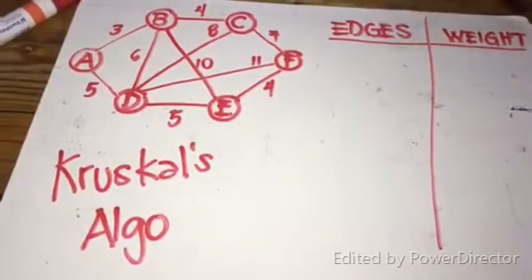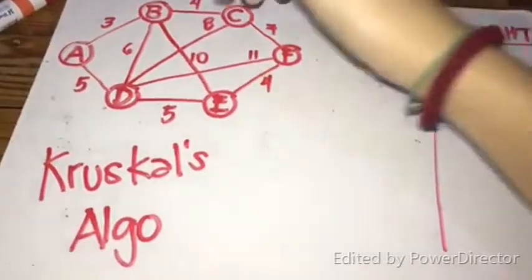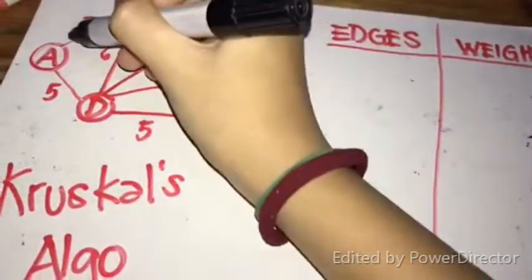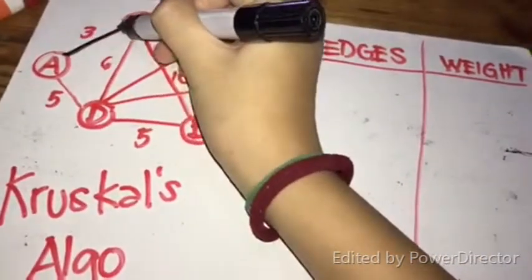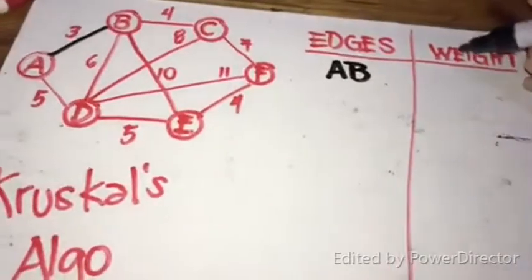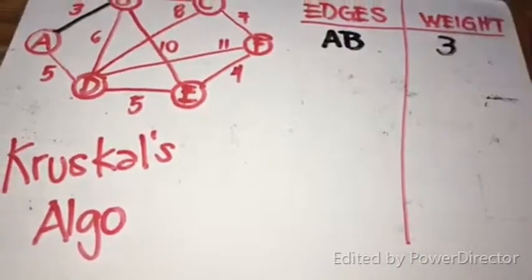So what are the edges? Our arcs. So for the smallest one, we have here 3. So we can go ahead and connect this, and we have A to B, edge A to B, and we have a weight of 3.